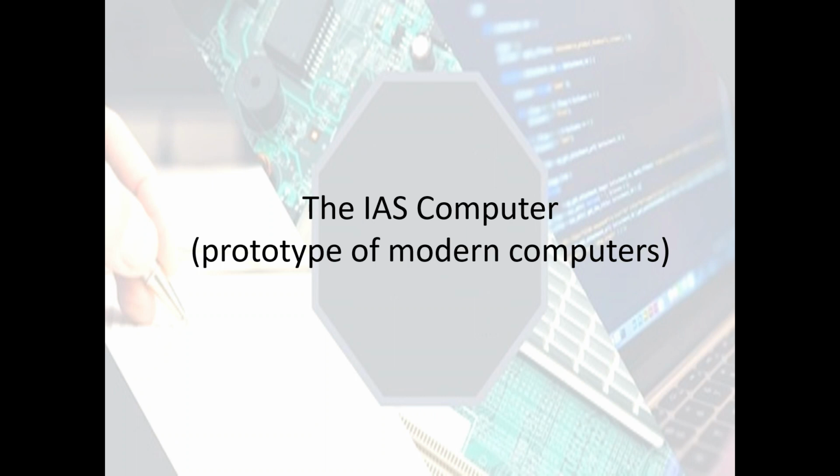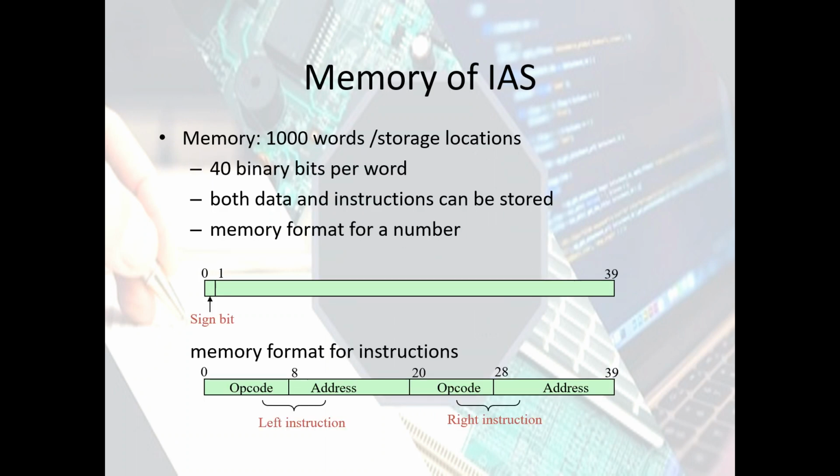It features the stored program concept, where both program instructions and data are stored in the same memory. The von Neumann architecture, as demonstrated by the IAS computer, allows for flexibility in programming and sequential execution of instructions by the Central Processing Unit or CPU.